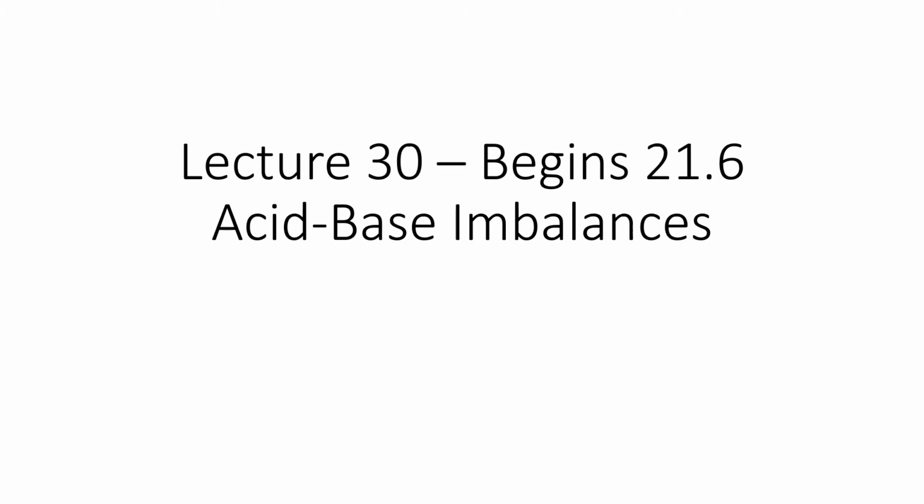If you want to quickly review why an increase in carbon dioxide leads to an increase in blood acidity, quickly flip back to page 817 and figure 21.10, and look at the top three boxes of that figure. Recall, as we talked about last time, when cells are producing more carbon dioxide, this means there's more CO2 to react with water in the plasma.